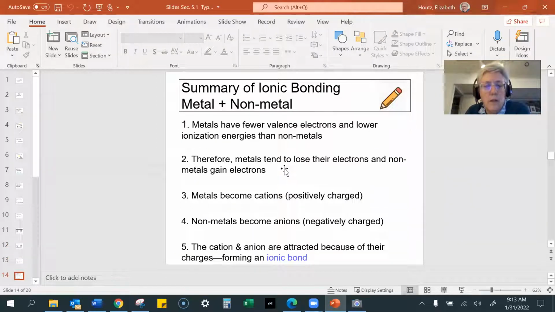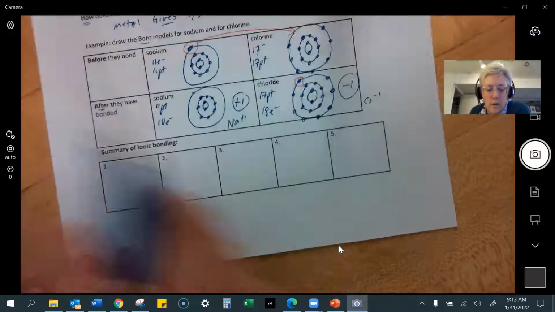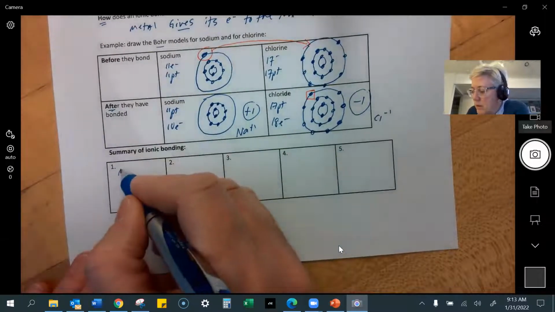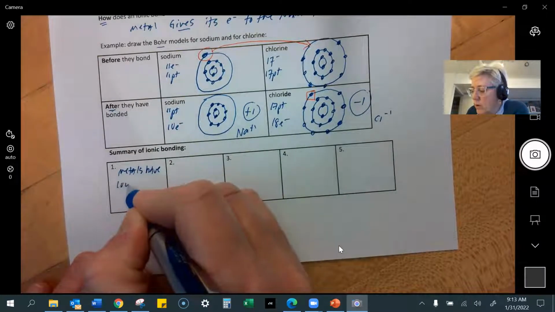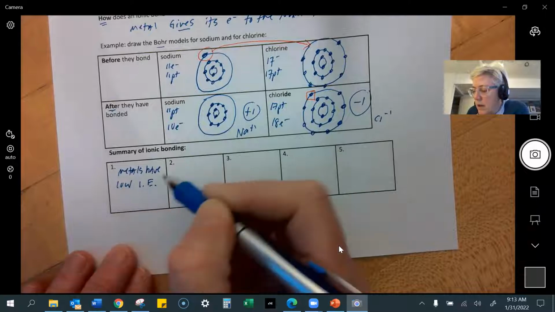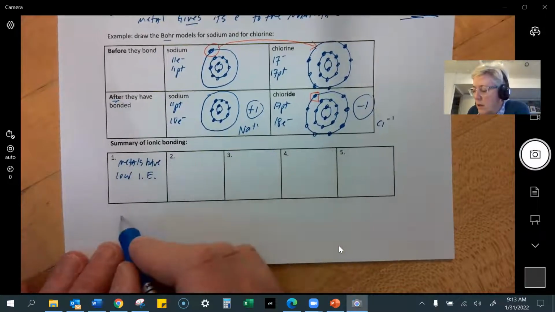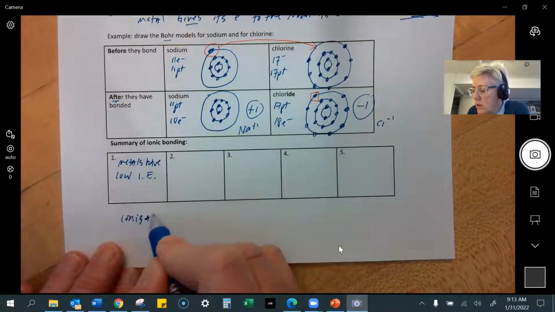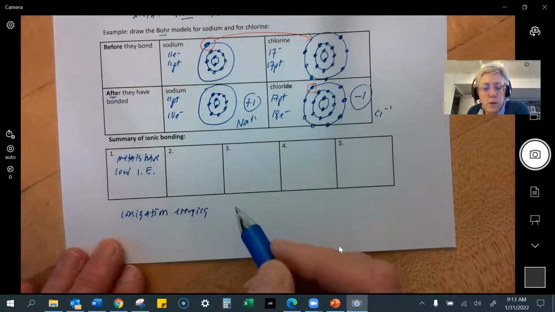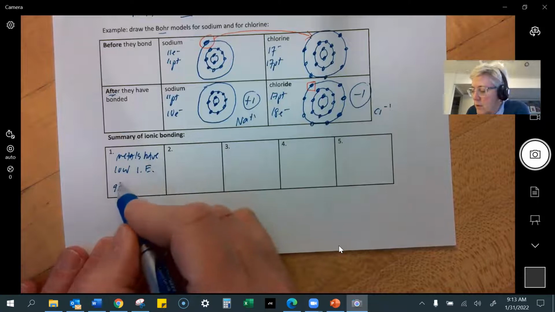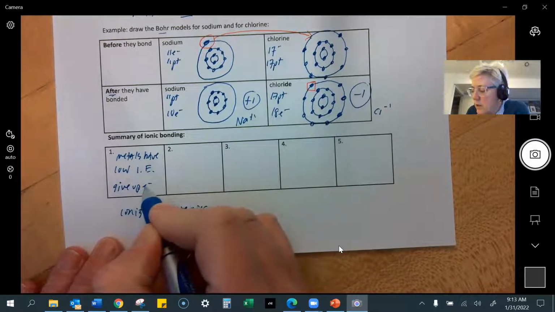All right, let's write down this stuff on our notes on the handout or in your notebook. Okay, this is our summary. Metals have low ionization energies, so they give up electrons easily.